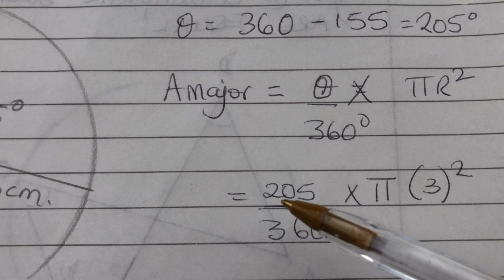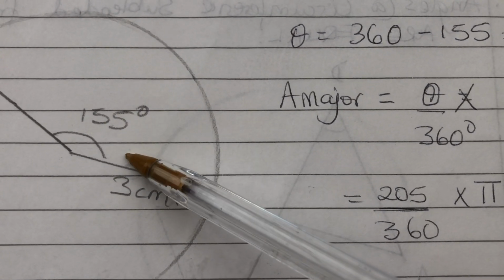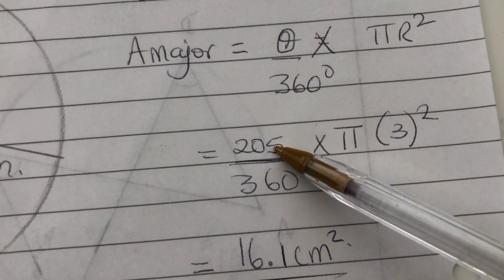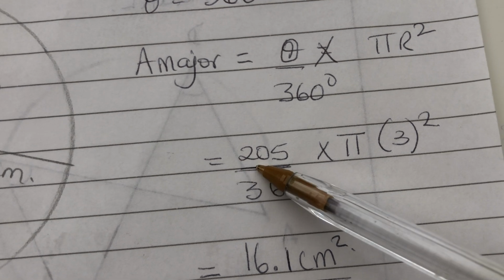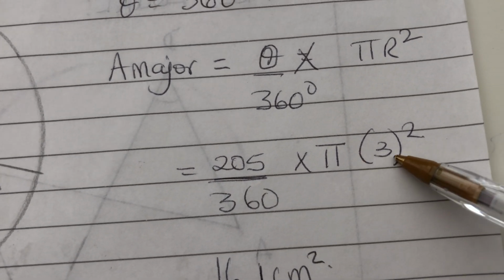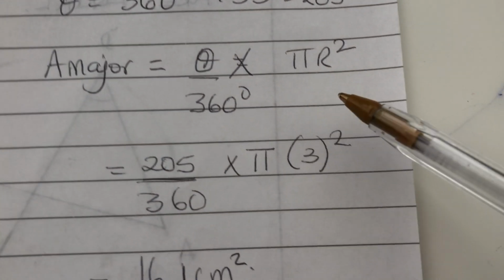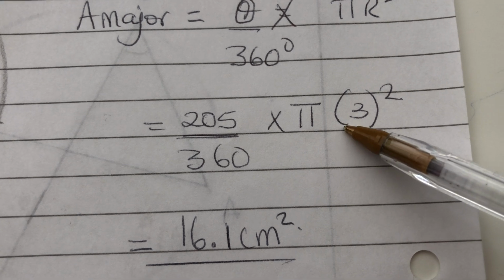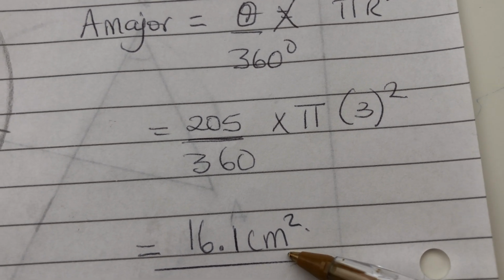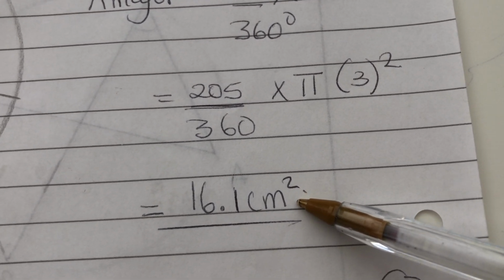So 205 divided by 360. If you use 155, that will be for the minor. So 205 divided by 360 times pi r squared. R here is 3 centimeters. So in the end, our answer will be in centimeters squared, because it's area, and this is to one decimal place.